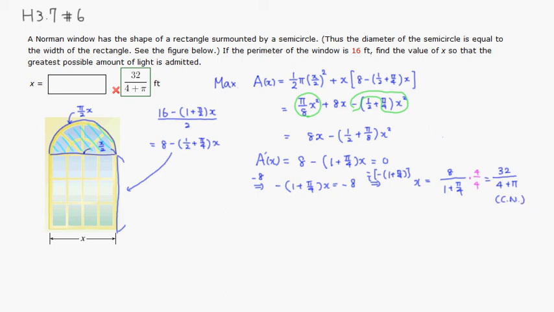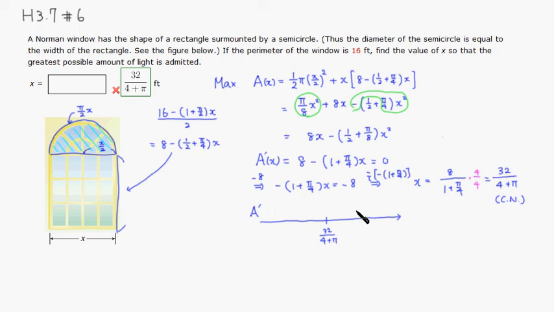So let's look at a sign chart. You have A prime, and we have this critical number, 32 over 4 plus pi. If you plug in something bigger than this value, you're subtracting something bigger, so it's going to be negative here.